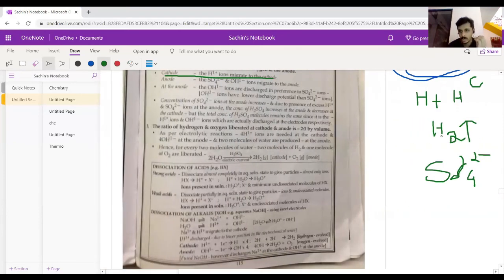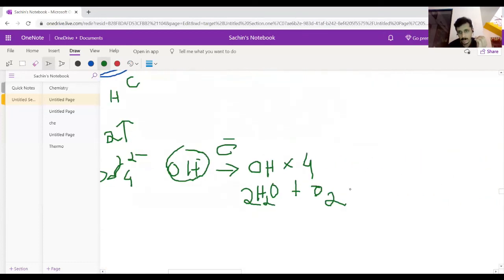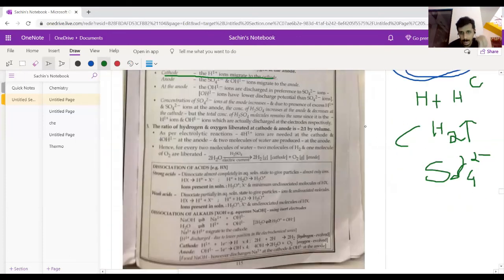Now, what exactly this means is that the ratio is 2:1. That is, hydrogen is liberated at cathode and oxygen is liberated at anode. The ratio of hydrogen and oxygen liberated is 2:1. As per the reactions you have seen, 4 H plus ions react to form 2 hydrogen molecules. 1 hydrogen atom and 1 hydrogen atom give 1 hydrogen molecule; similarly 2 give 1, then 4 give 2, right?